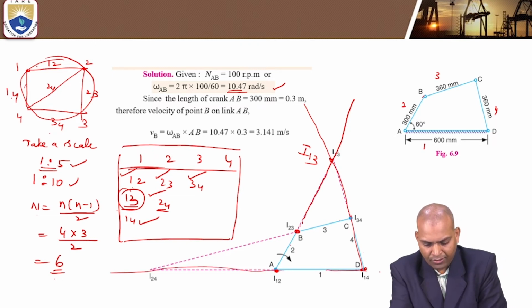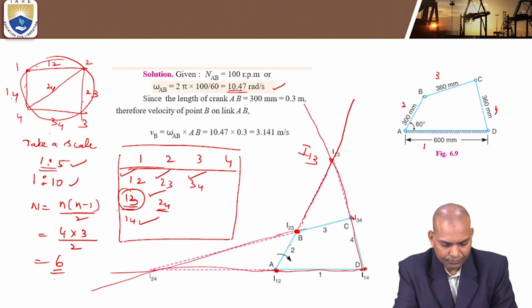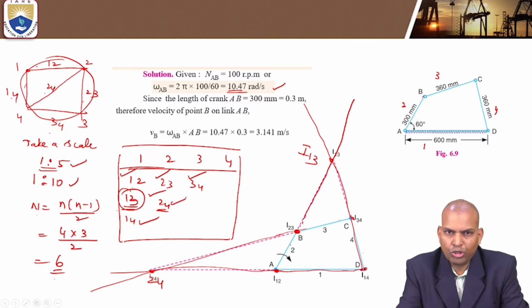You can write them down on both sides. Then the next one, 3 4 and 2 3. This intersection gives I center 2 4. Thus we located all I centers of the given problem.